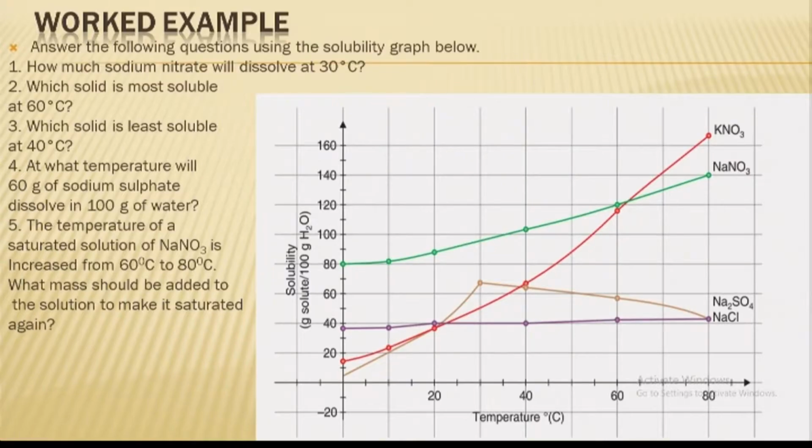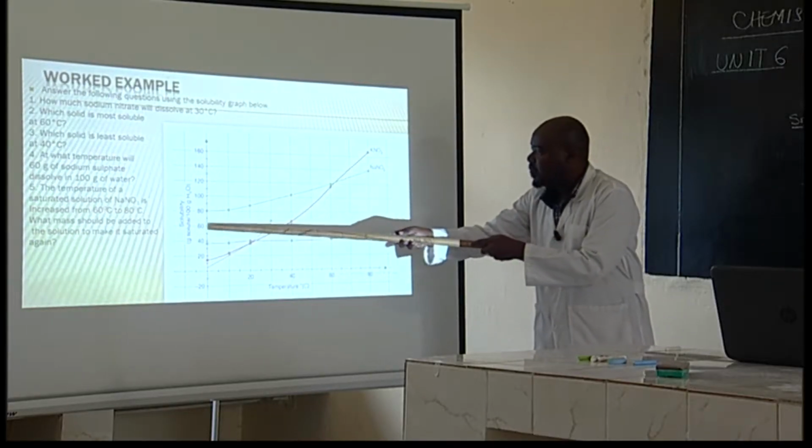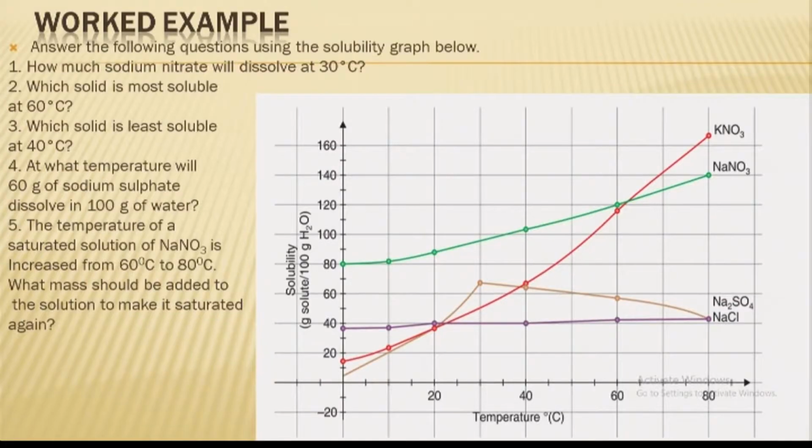So if we extend the line, we find that it is here. And what is the value? What is the temperature? It is 50. 40, 45, and 50. So at 50, we will have 60 grams of sodium sulfate dissolved in 100 grams of water.